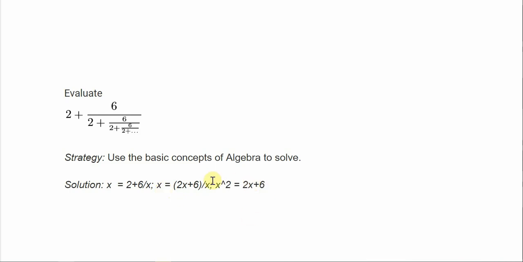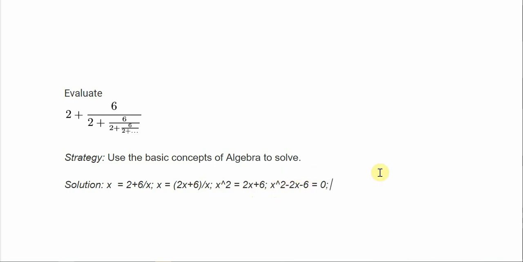Since you have x squared equal to 2x plus 6, we'll need the quadratic formula. Okay, let's try using it. x squared minus 2x minus 6 is equal to 0, because you take away 2x on both sides and take away 6 on both sides, and so you'll end up with 0.